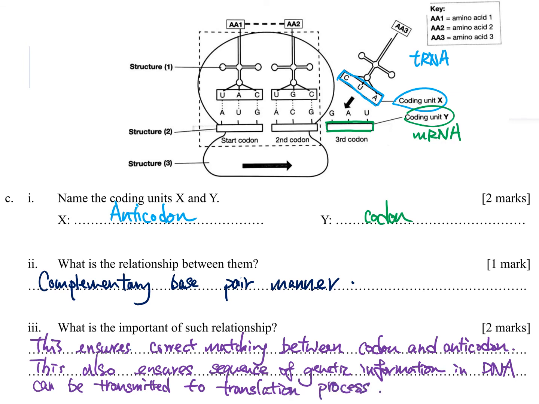So altogether in here you have 2 marks. Correct matching and ensure the information, the triplet code in the DNA can be transmitted to the translation process.